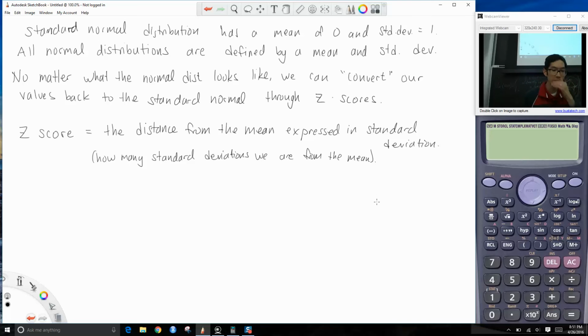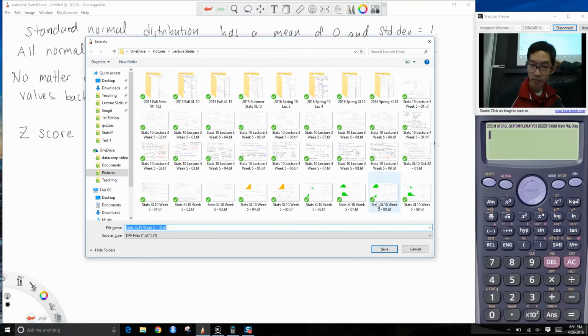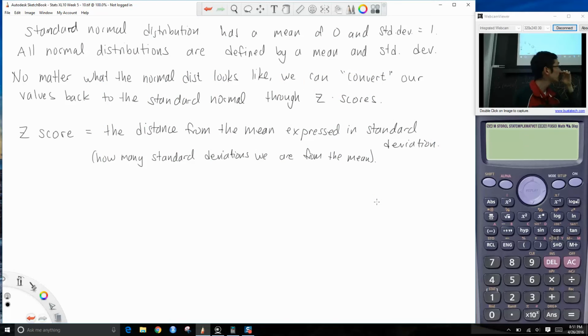Okay, so let's take that. Yes, question. Can you break down the formula for z-score? Sure. Okay, so earlier we said the z-score would be x minus x bar over s, okay?